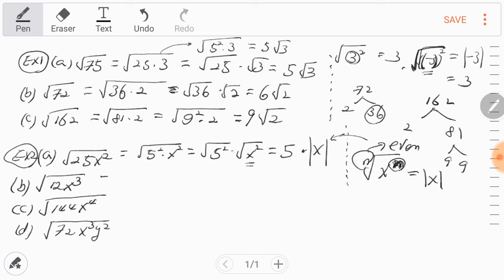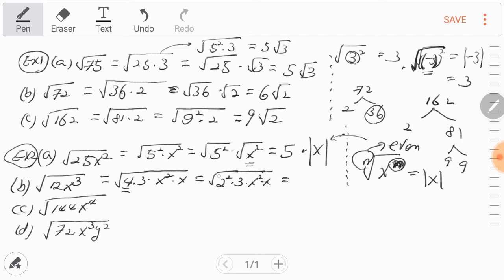Okay, let's do the next one. 12 is 4 times 3. And then x cubed, why don't we make this one a product of squares? So x cubed is x squared times x. And the square root of 4 is 2 squared. Let me write it as 2 squared times 3 times x squared times x.